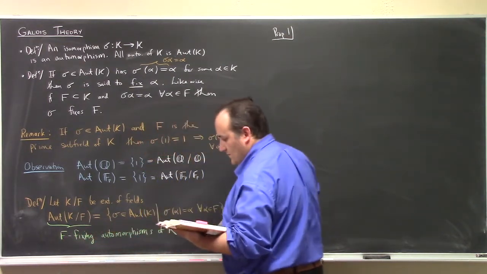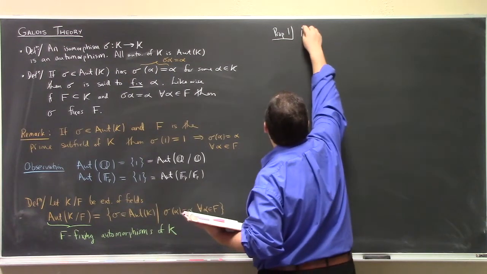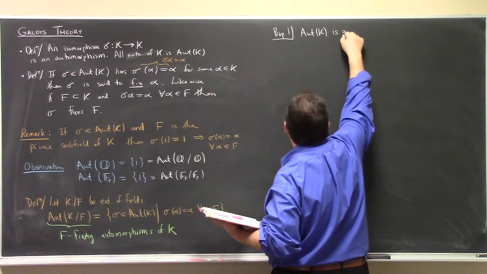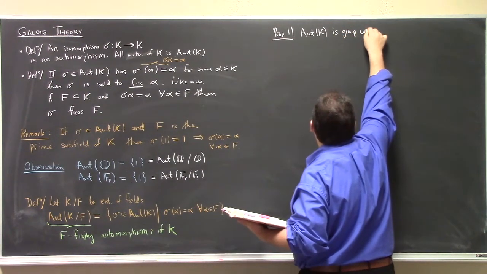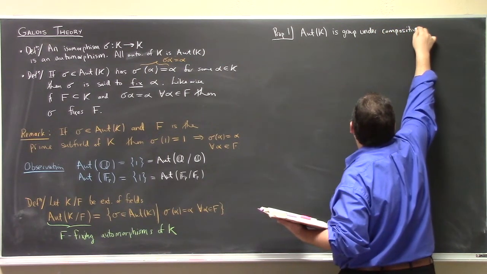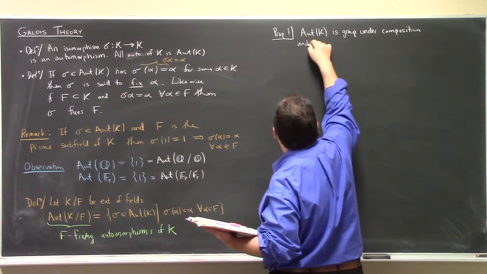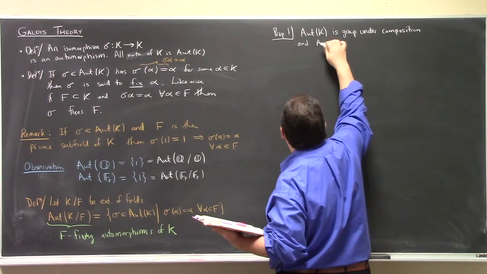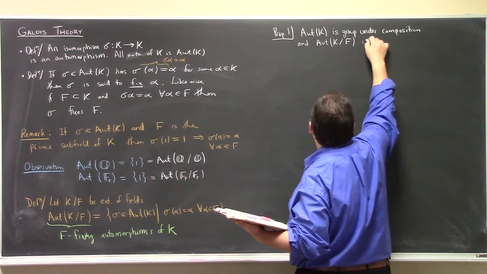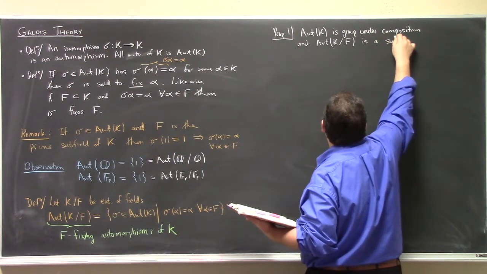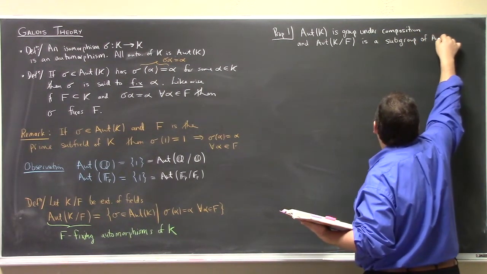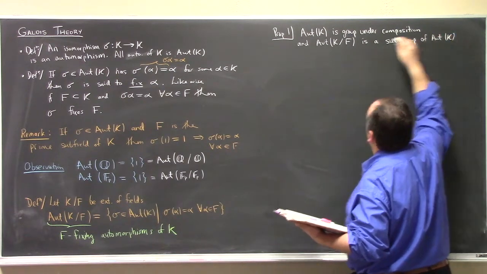Aut of K is a group under composition, and the F-fixing automorphisms of K is a subgroup of Aut K.